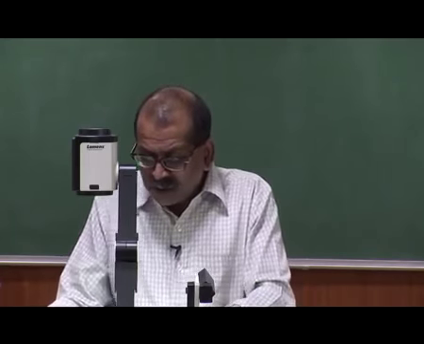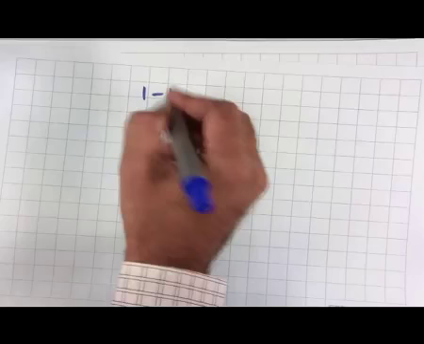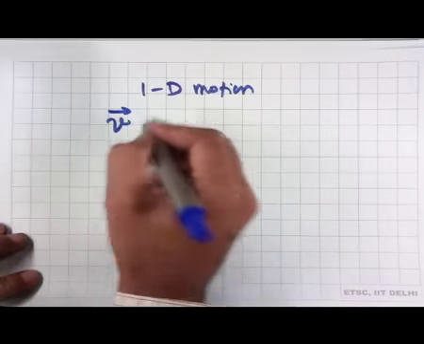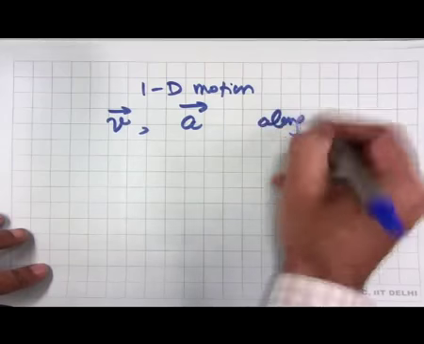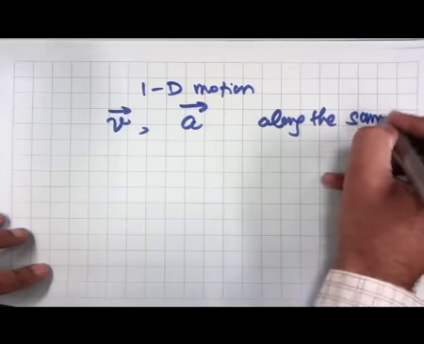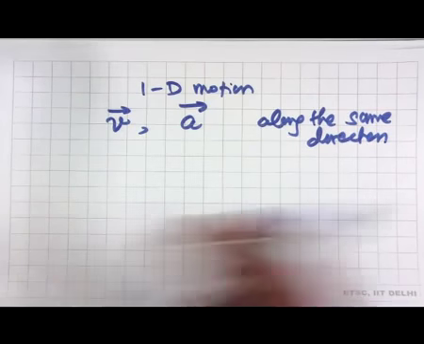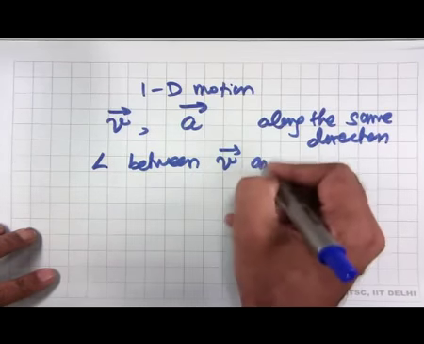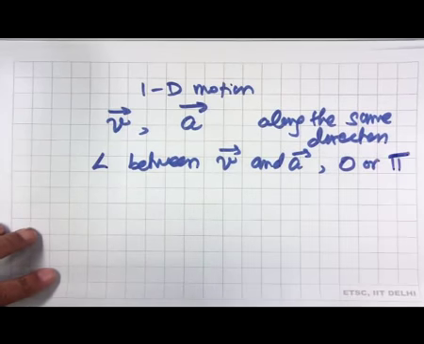Now, what we know is, when we talk of one dimensional motion, in 1D motion V and A are along the same direction, and what I mean is, they could be opposite to each other or they could be along the same direction. The angle between the v vector and the a vector is either 0 or pi.